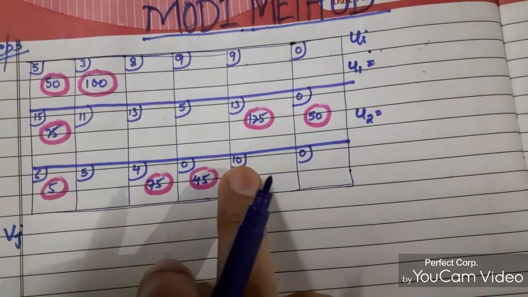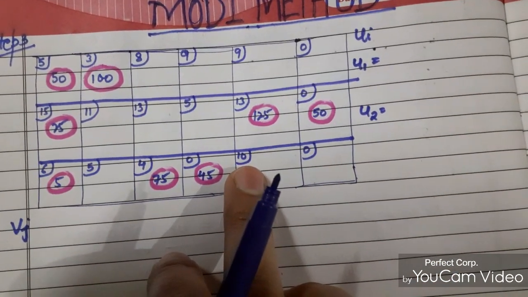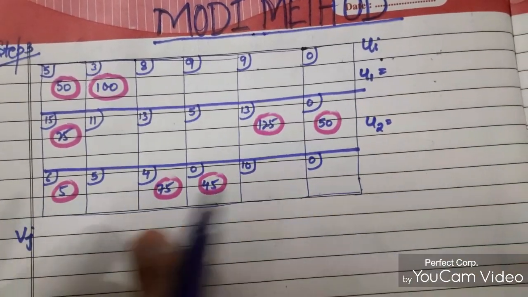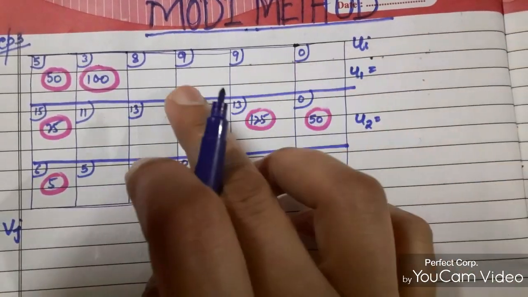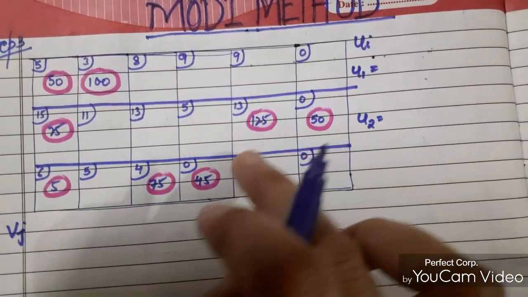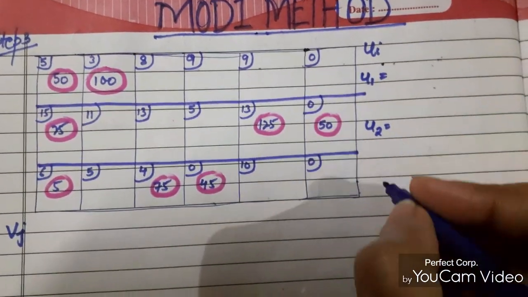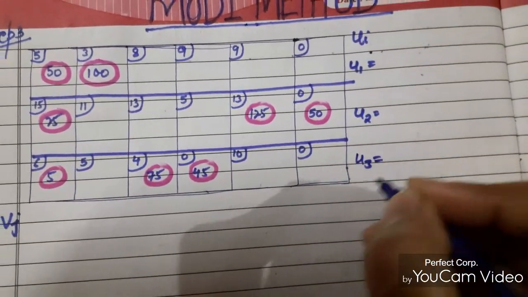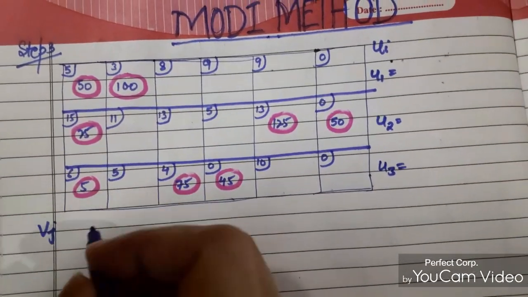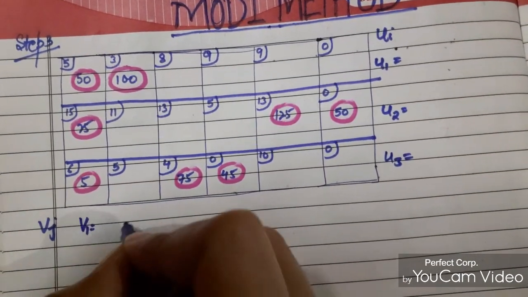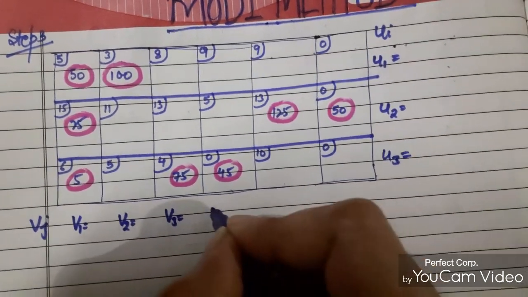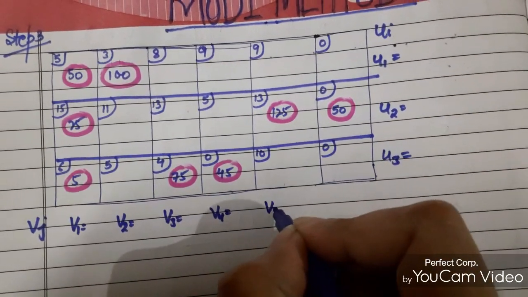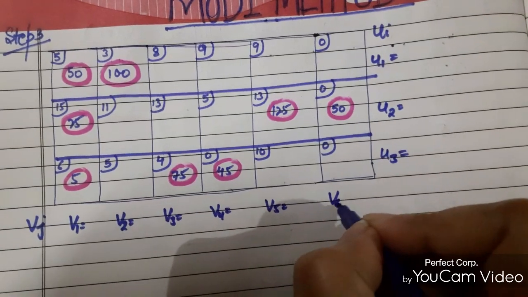The method we use to calculate the values of ui and vj is, first we calculate ui for all rows, that is u1, u2 and u3, and next we calculate vj for all columns, that is v1, v2, v3, v4, v5 and v6.